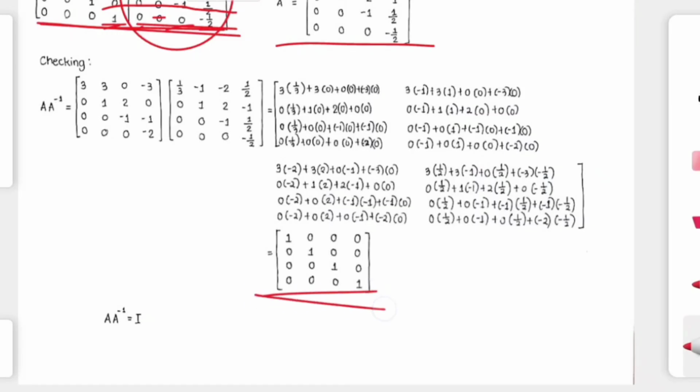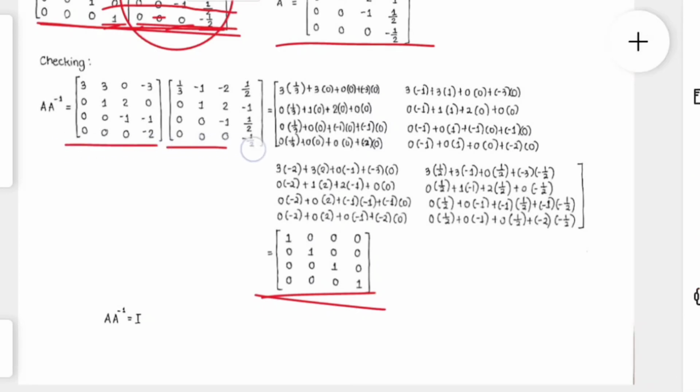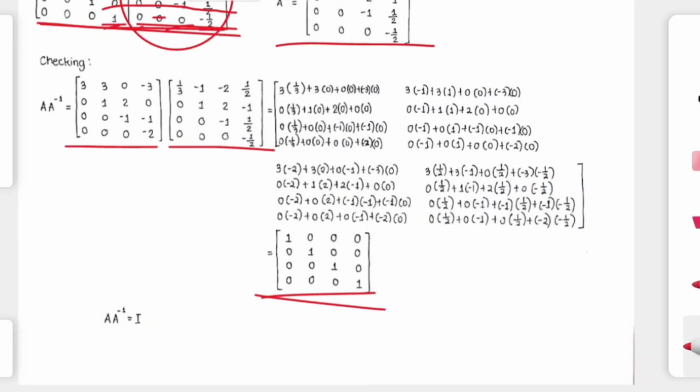For us to be able to check if our inverse of A is correct, we have to multiply A and the inverse of A. Our A here is in this form and our inverse of A is in this form. In multiplying this, we multiply row 1 by column 1, and it follows for the other columns.